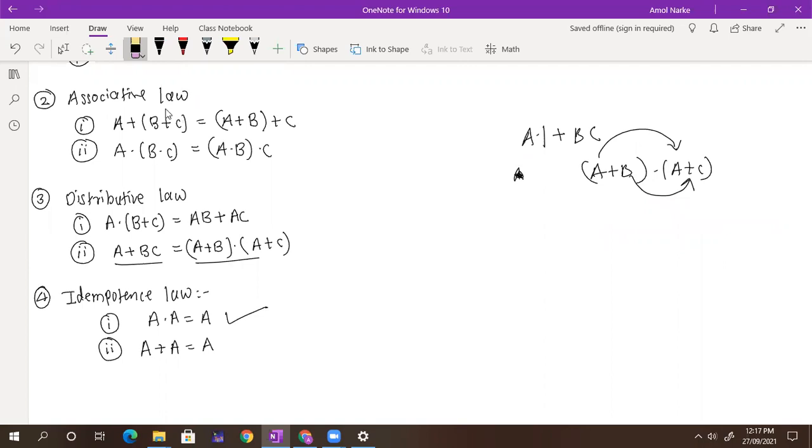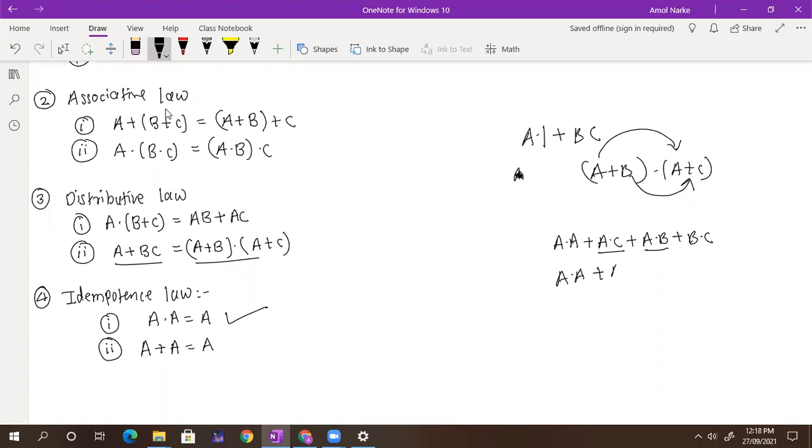A dot A plus A dot C plus A dot B plus B dot C. Okay. And from AC plus AB, we can take A common, keeping A dot A the same and B dot C the same.